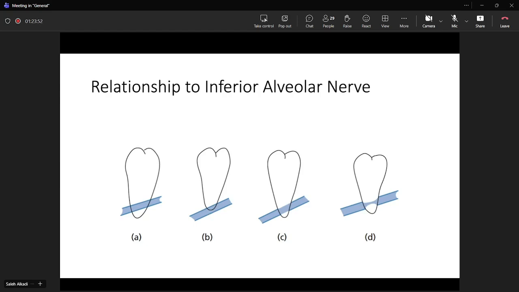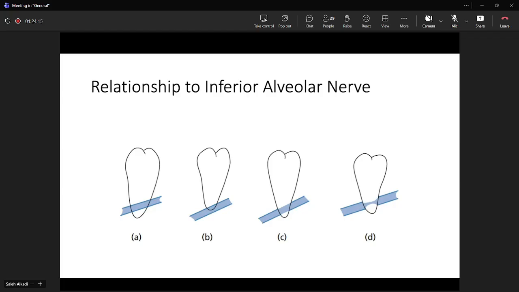If both lines are discontinued, this could be deep grooving or deep notching. So if you mobilize the tooth too many times, you may hit the nerve, compress the nerve, and cause nerve injury. Same applies for the light notch or light groove.